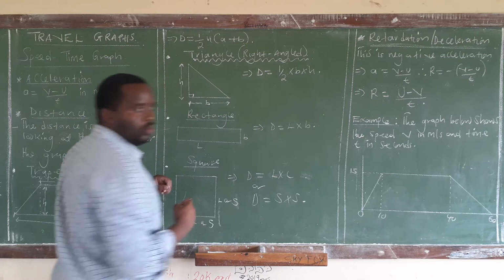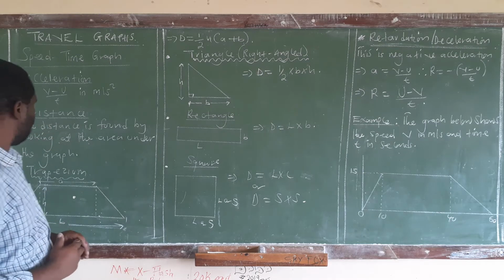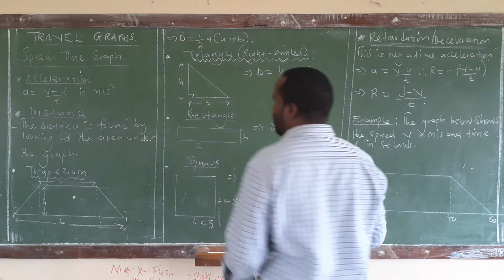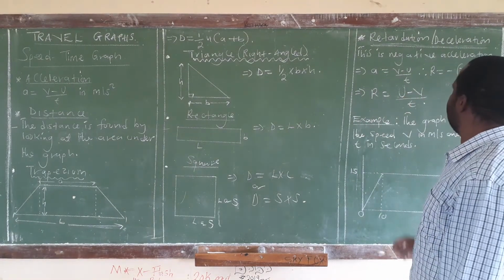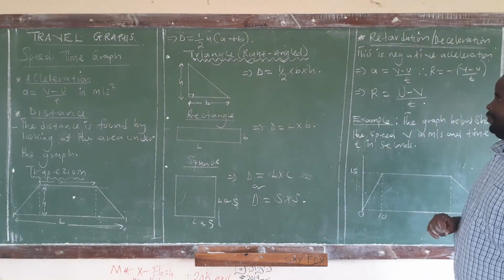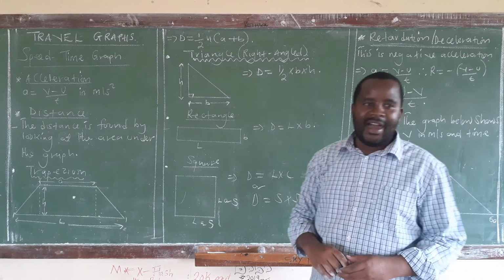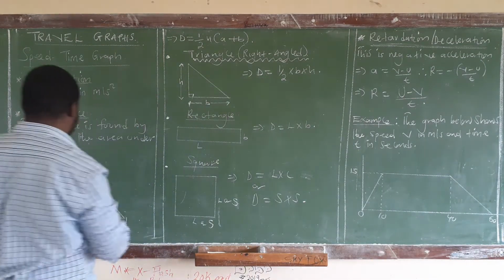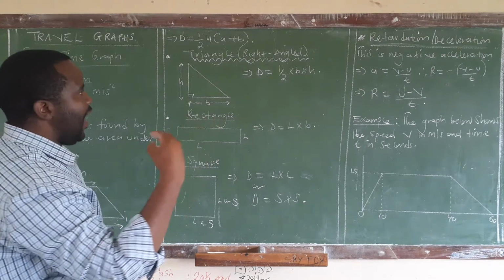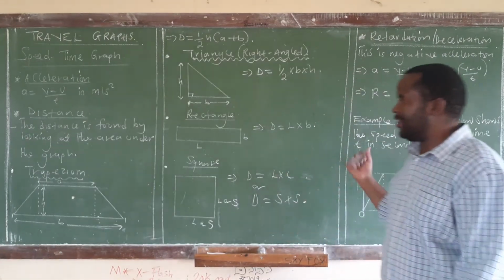So we are going to deal with the acceleration, distance, from there, we also look at retardation, okay, as well as the average speed. Alright, so we have acceleration, distance, retardation, and the average speed, which I'll be able to explain in an example.